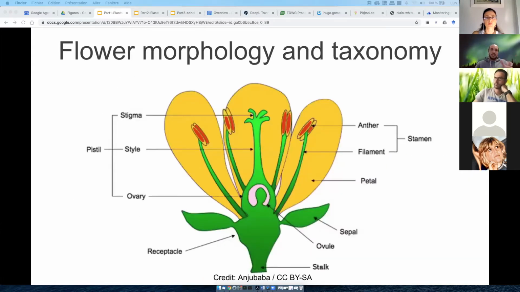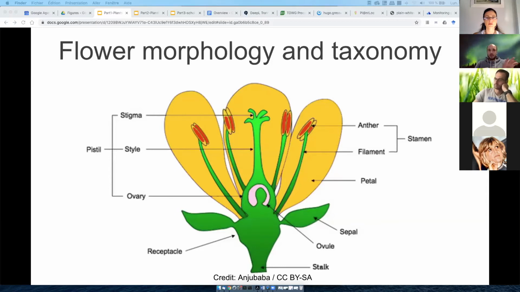In botany, in flowering plants, all the flowers have an outer ring that forms the male part and an inner one that composes the female part. The male part, illustrated on the right of this schema, is called the stamen, with the anther that contains the pollen and the filament.